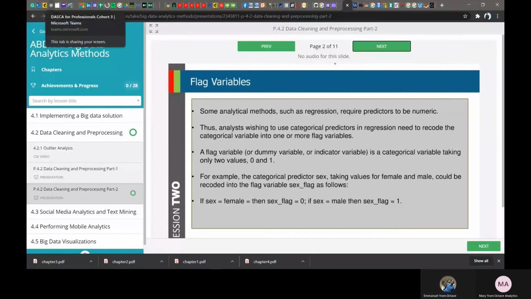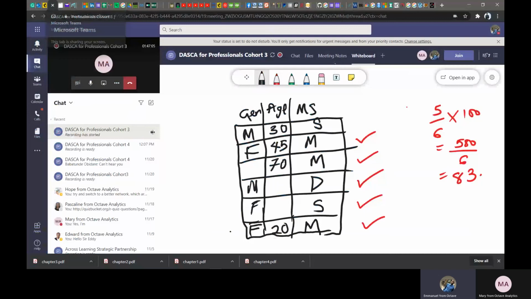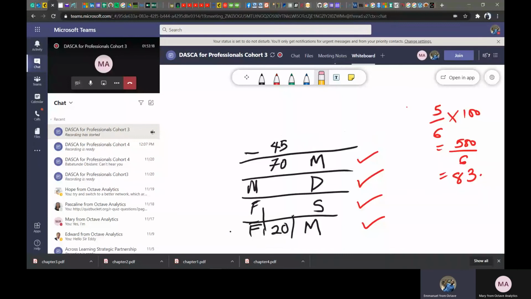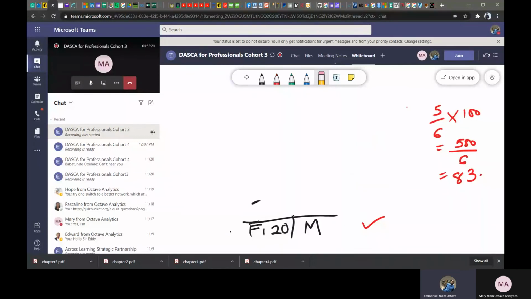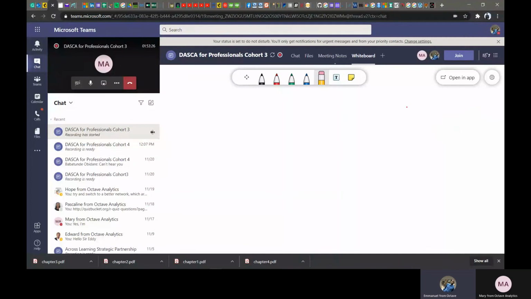So let me discuss the two normalization methods we talked about, the min-max normalization and the z-score standardization. So this is how it works out.